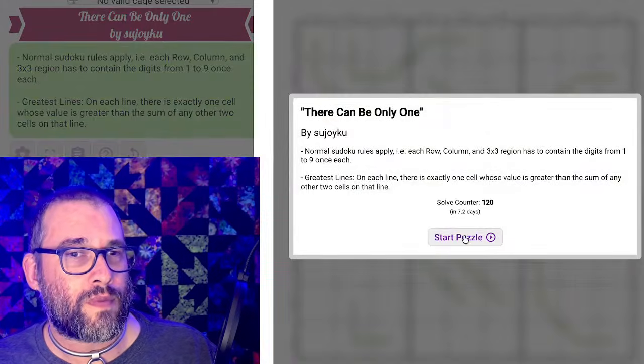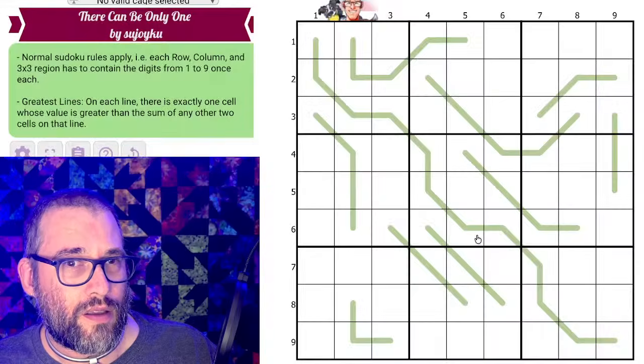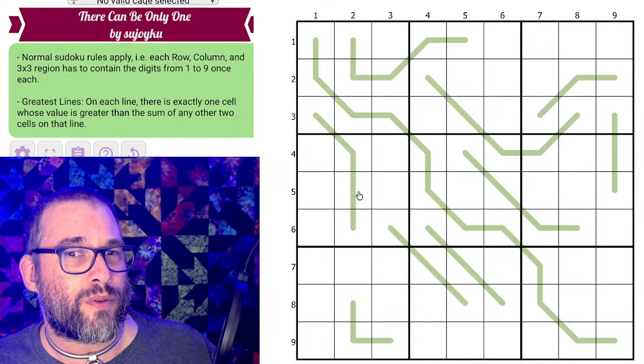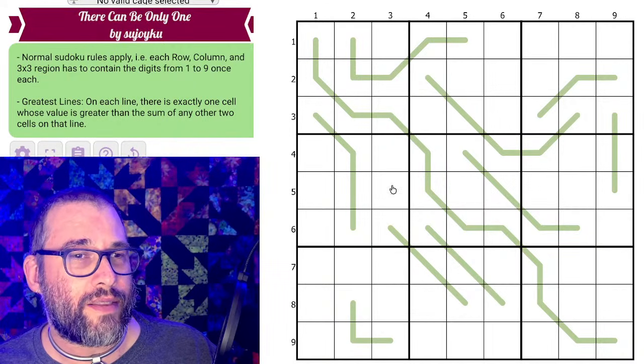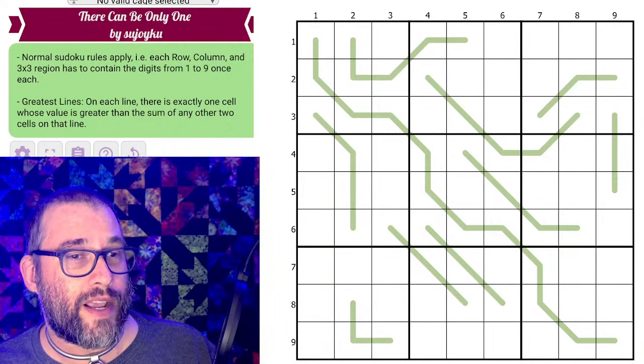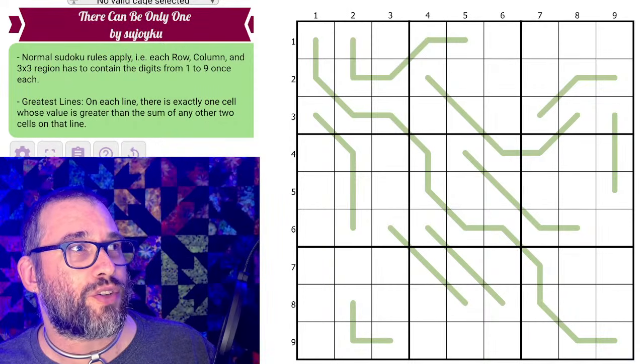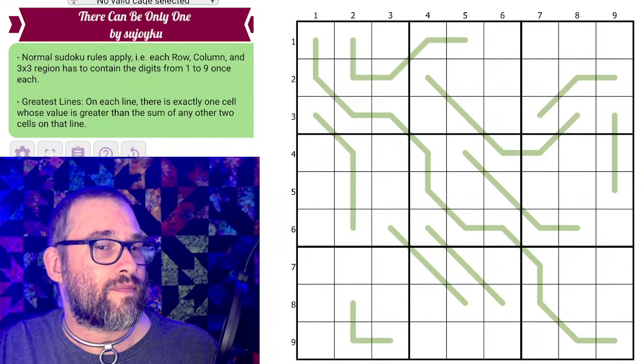The rule with greatest lines is that on each line there's a digit that is strictly greater than the sum of any two other digits on the line.